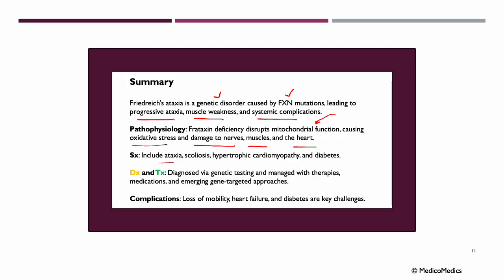Symptoms include ataxia, scoliosis, hypertrophic cardiomyopathy, and diabetes. We diagnose it via genetic testing, and it's managed with therapies, medications, and emerging approaches in gene therapy, for example. Complications, loss of mobility, heart failure, and diabetes are key challenges.